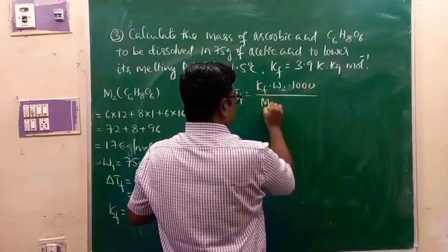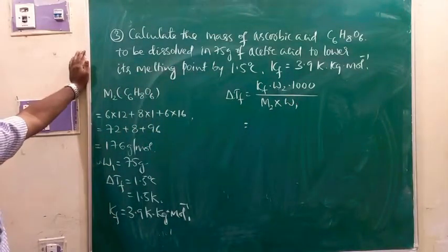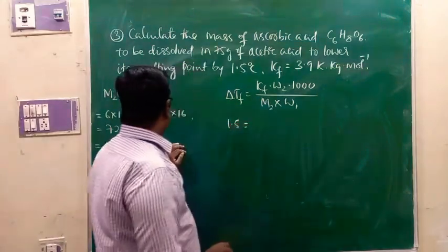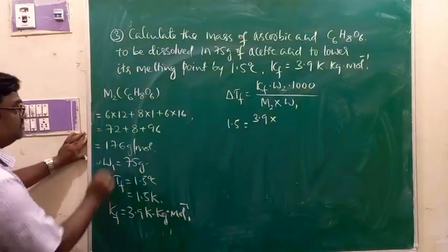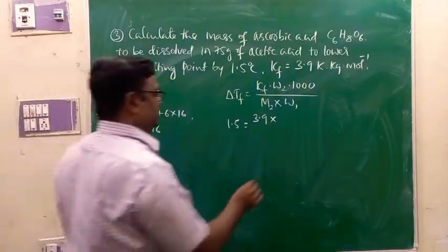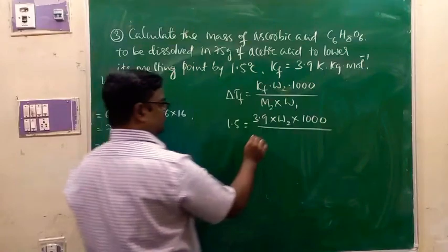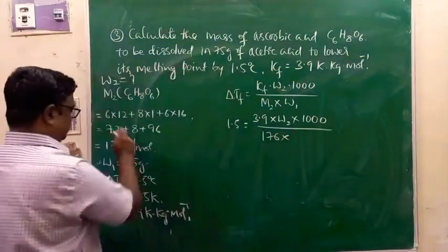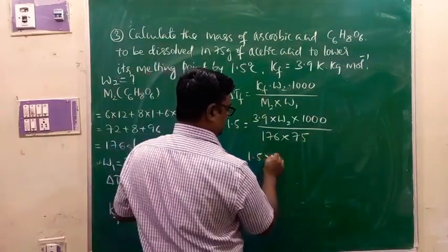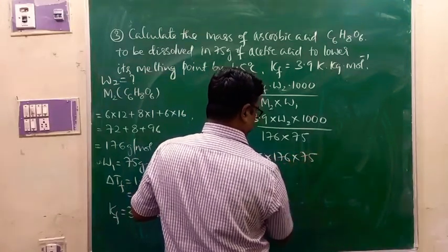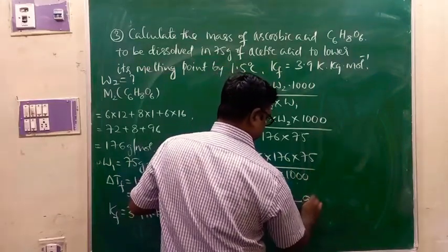Divided by M2 into W1. Delta TF is 1.5, Kf is 3.9, and you are supposed to calculate the mass of solute W2. W2 into 1000 divided by molar mass 176 into mass of solvent 75. W2 is equal to, cross multiply, 1.5 into 176 into 75, whole divided by 3.9 into 1000. Do it in grams.